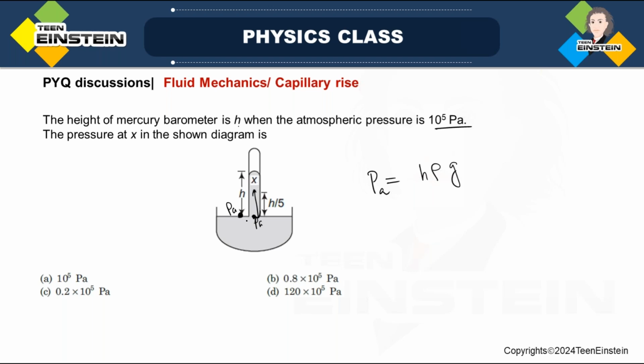The total pressure is atmospheric pressure, and let us say this point is P, this is Q, and this is Q prime. So Q prime is at atmospheric pressure. So at Q prime, the pressure is atmospheric pressure. So what is the pressure at P? What is the pressure at P?